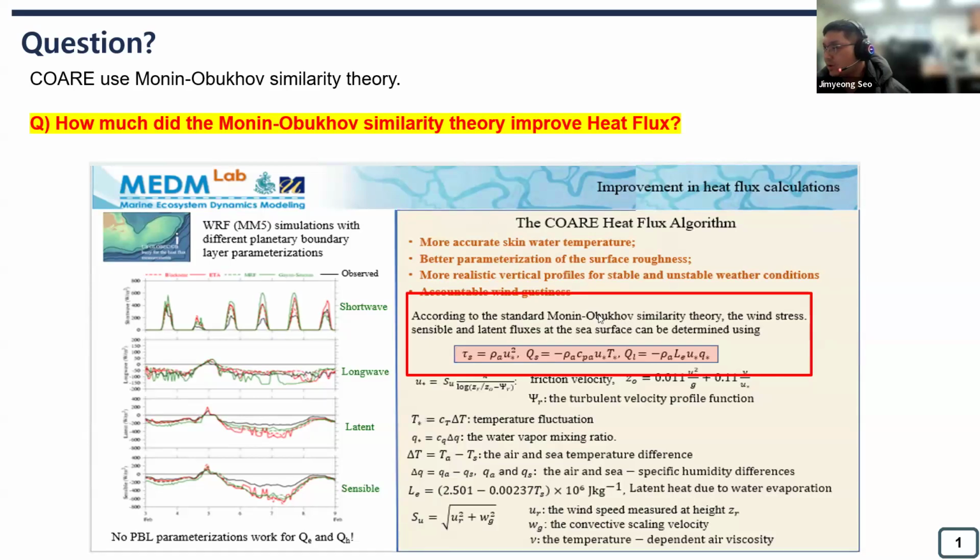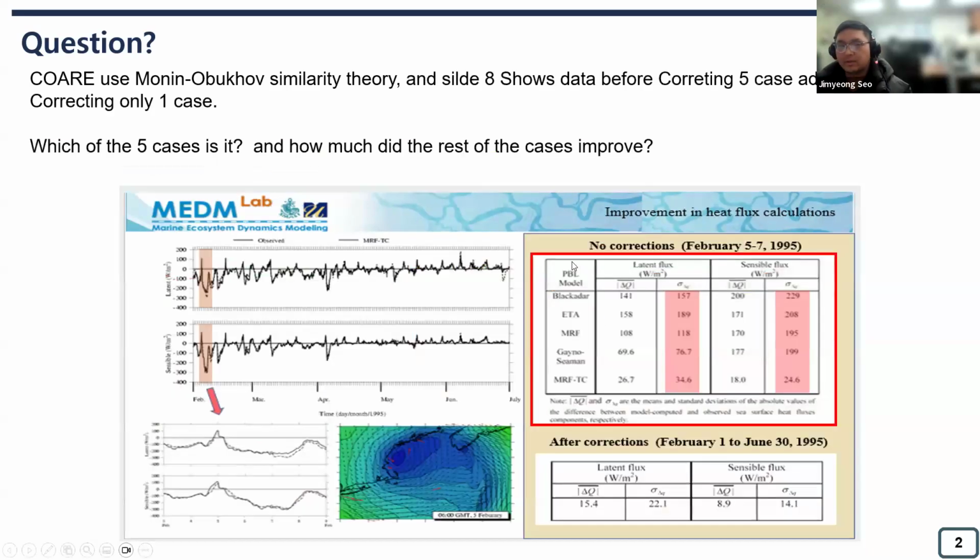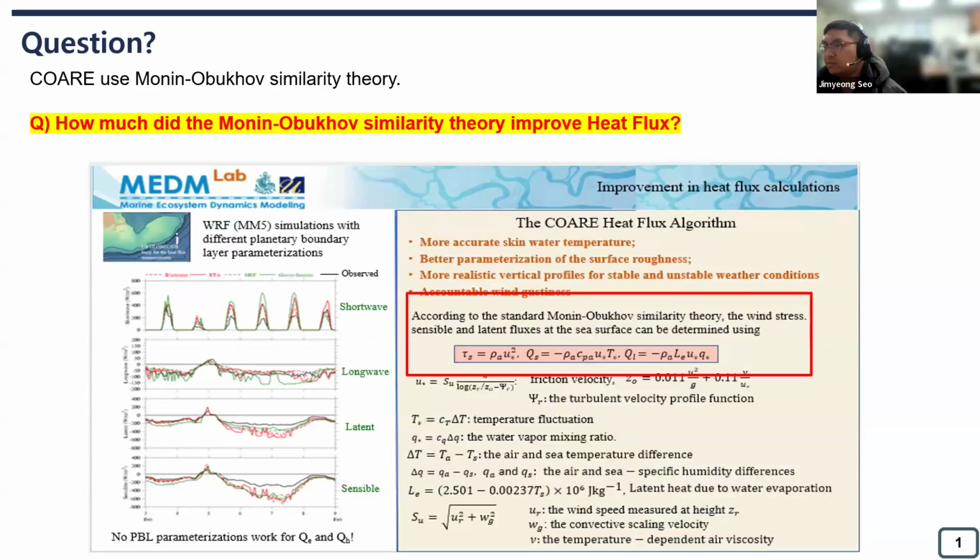You showed 5 cases of the data with no correction, and you showed one case of using CORE. So I wonder how much the modeling of curve similarity theory improved the heat flux.